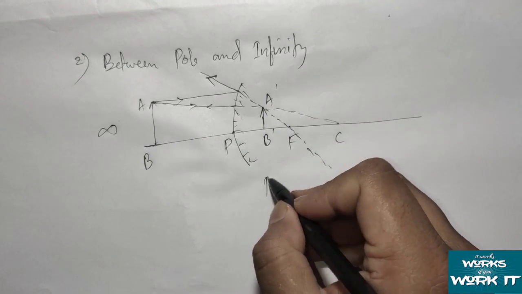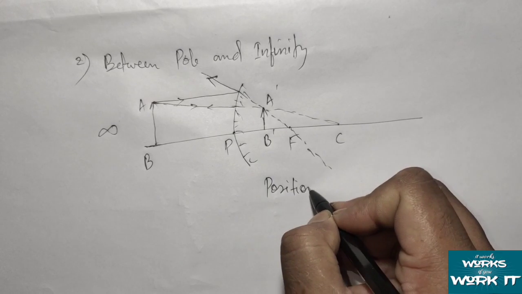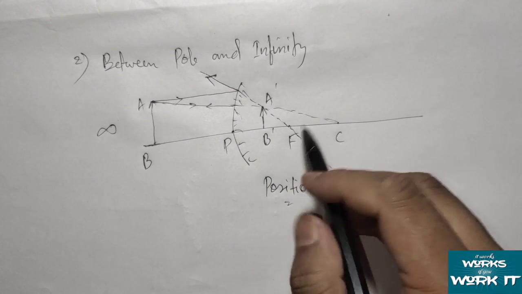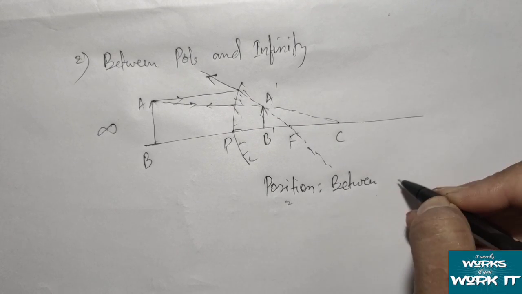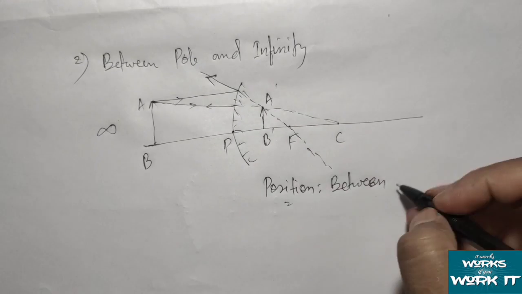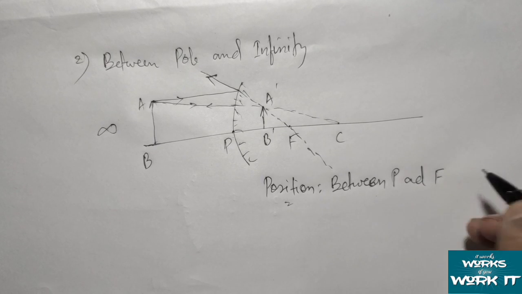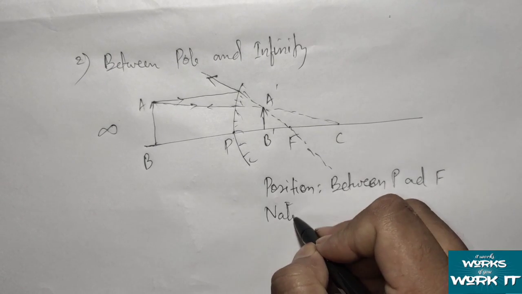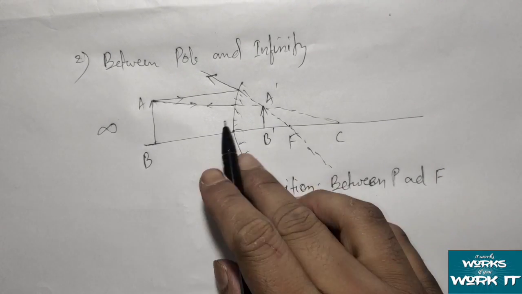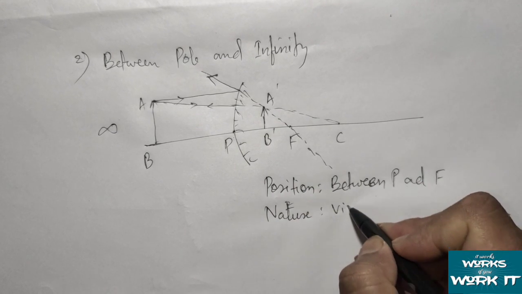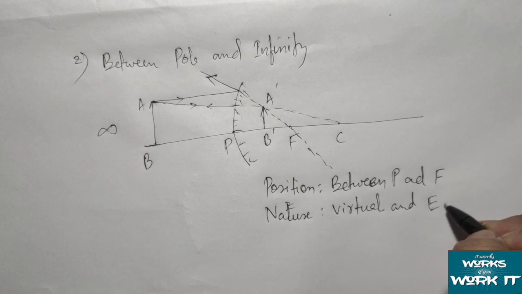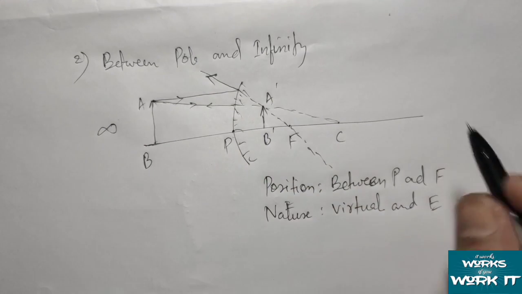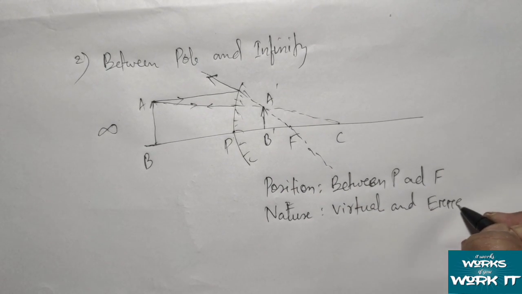Okay, now again, if I talk about the position of the image, it is in between pole and focus. Okay, nature, so our image is forming behind the mirror, so it will be virtual, and it is the same as the object, so that's why it is erect.